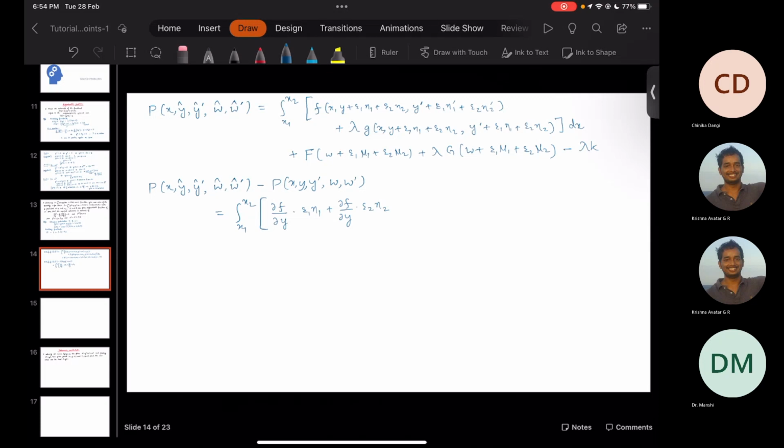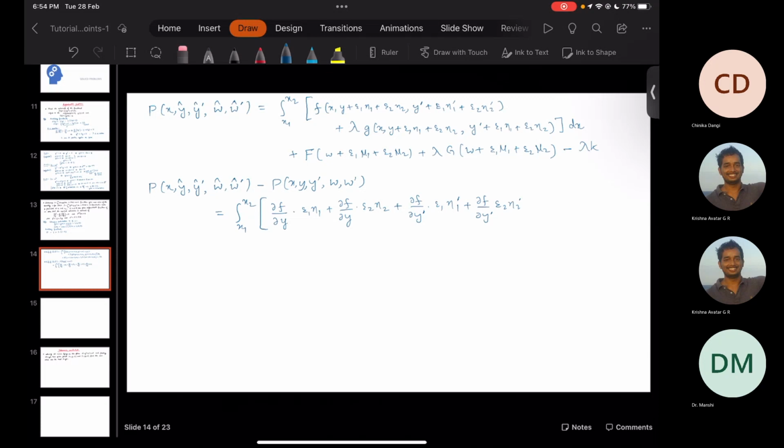and likewise for dou f by dou y prime into epsilon 1 eta 1 prime plus dou f by dou y prime into epsilon 2 eta 2 prime.